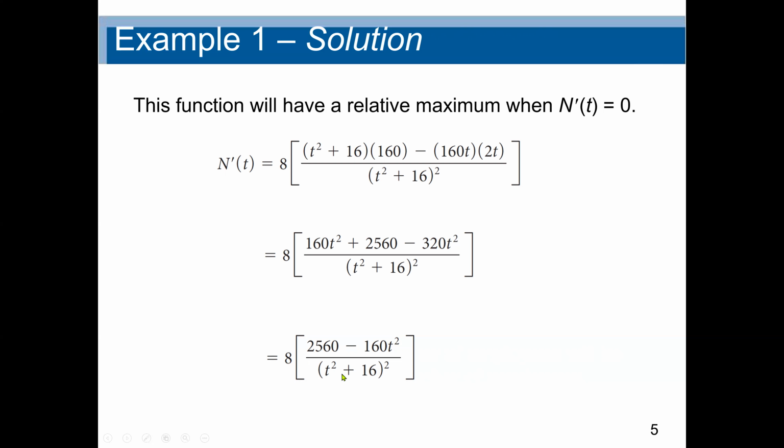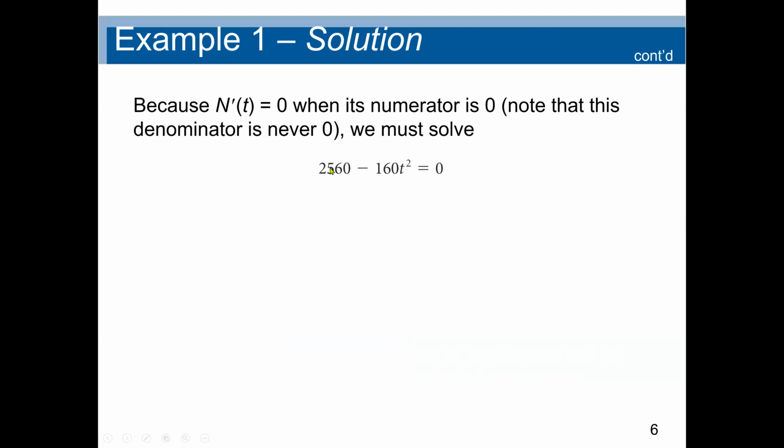And I'll multiply by (t squared plus 16) all squared, which goes to the left, multiplied by 0, everything will be 0. So at the end, we are going to get 0 equals 2560 minus 160t squared. We factorize the expression, and we get 160 (4 plus t)(4 minus t). So 160 is common.